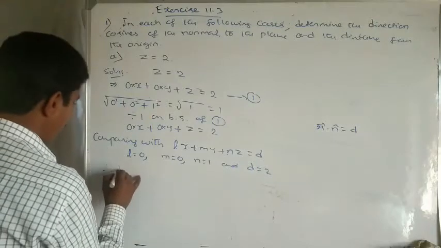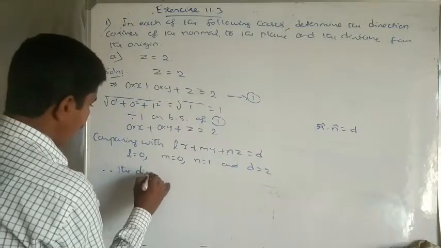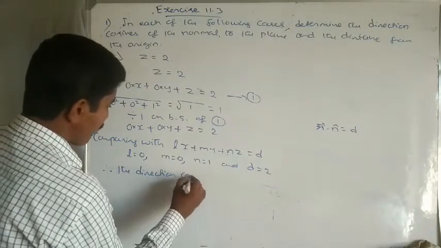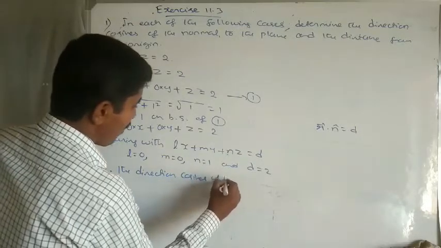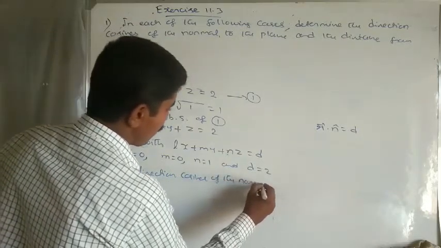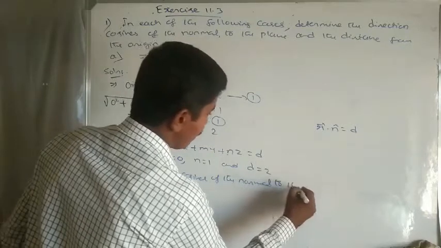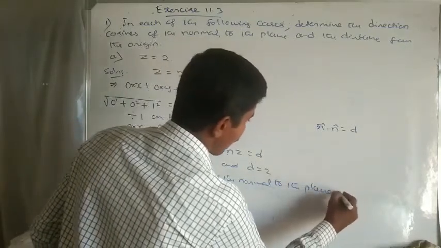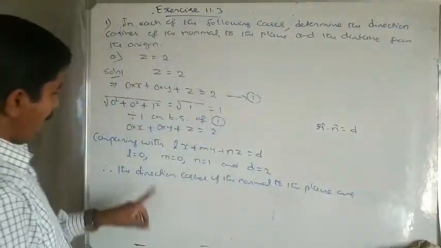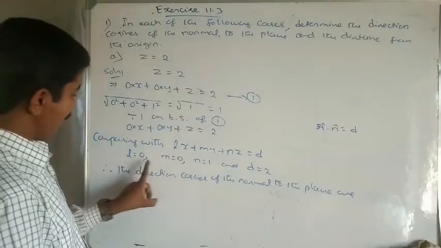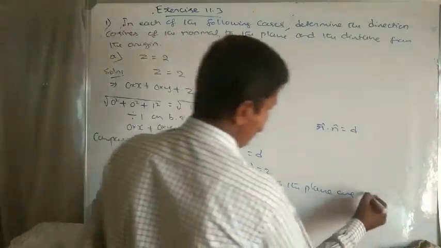Therefore, write the direction cosines of the normal to the plane are L, M, N, that means 0, 0, 1.